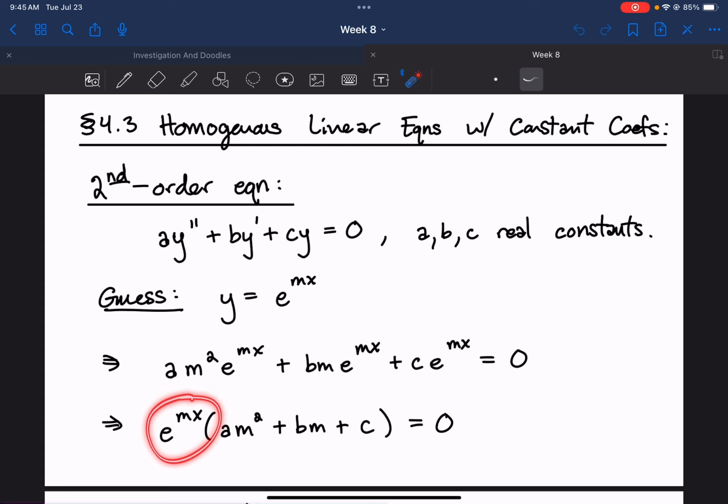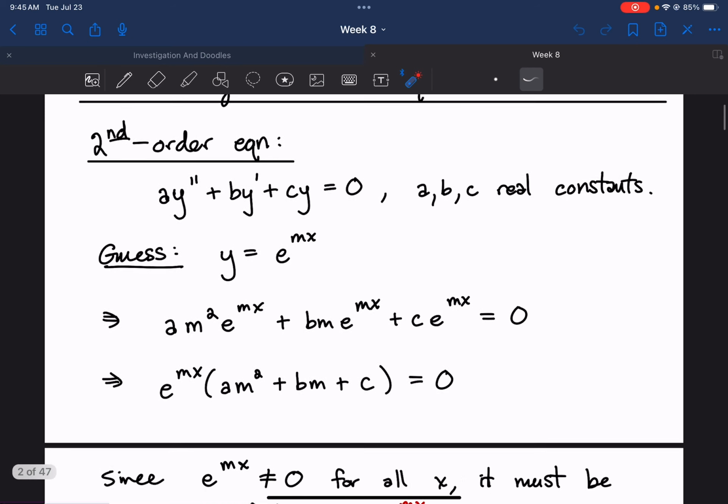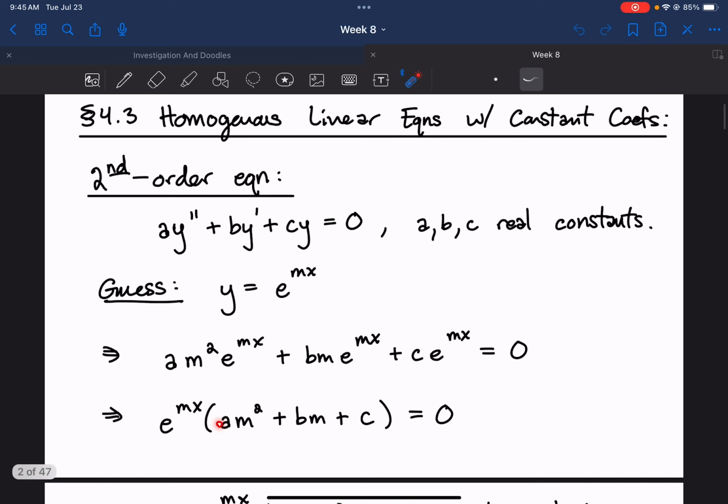We get that e^(mx) times (am^2 + bm + c) equals 0, which means that either this equals 0 or this equals 0. And since e to any power is non-zero, it must be the case that this equals 0.